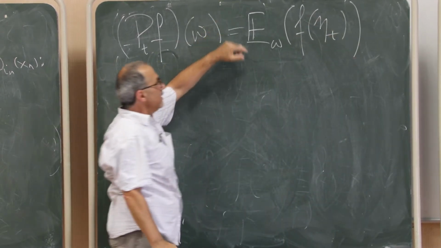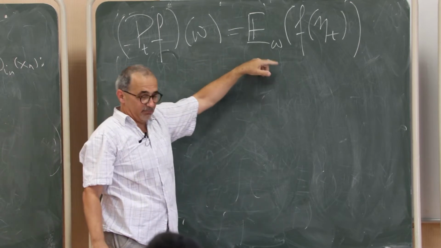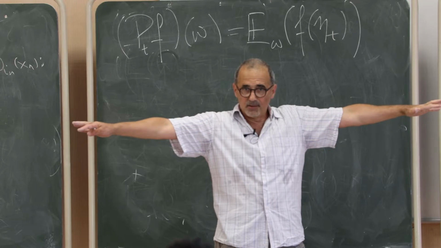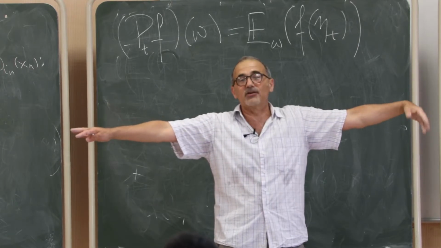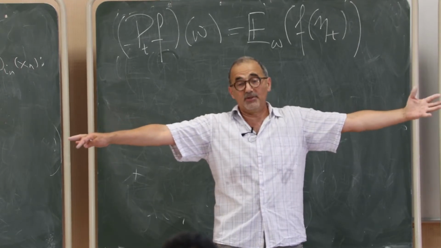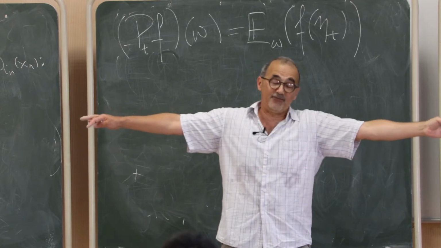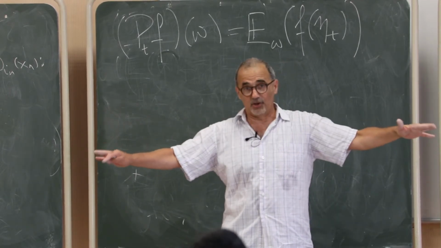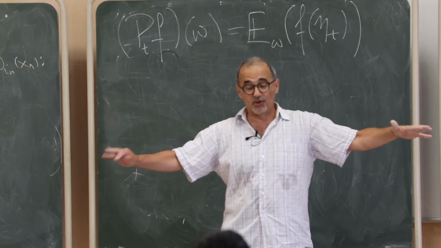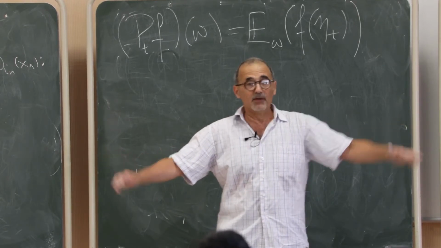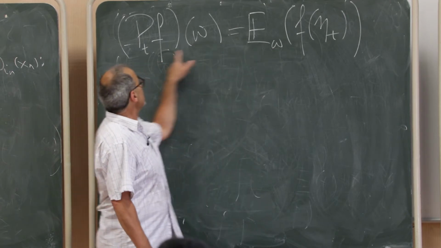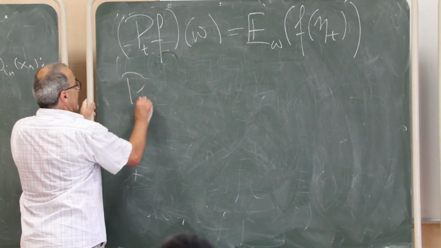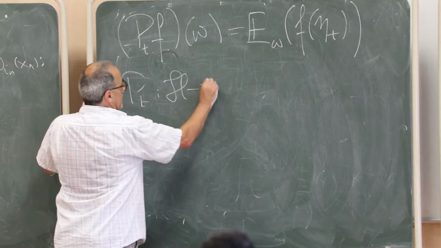What does this mean? Start your process from the environment omega. Let the process run, let the diffusion run till time t. Shift yourself to the position of the random walker. Look around. That's your actual environment now. Take conditional expectation, right?